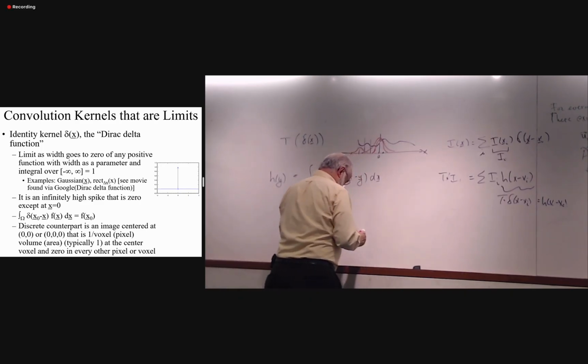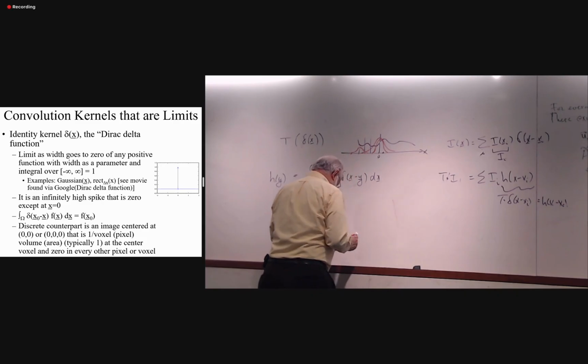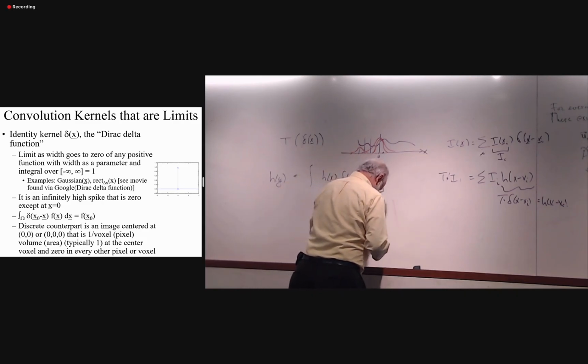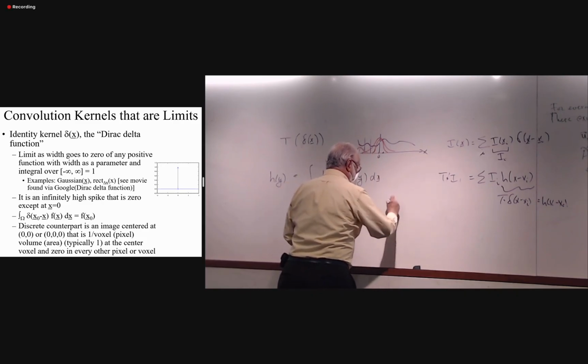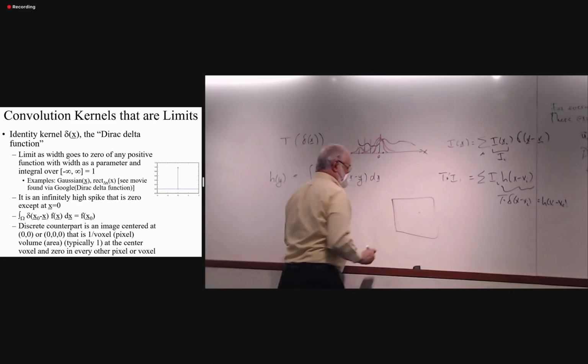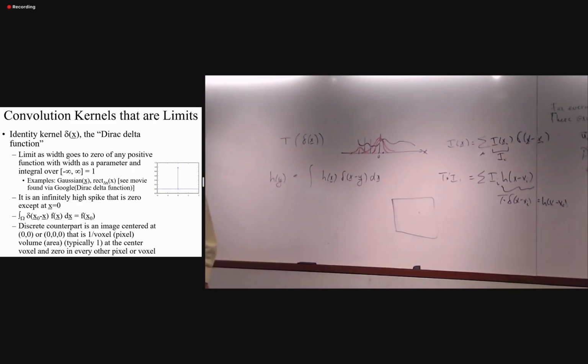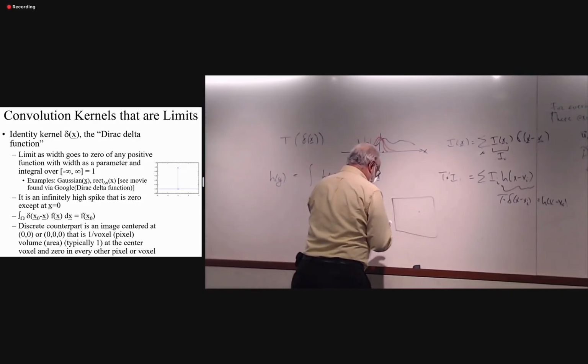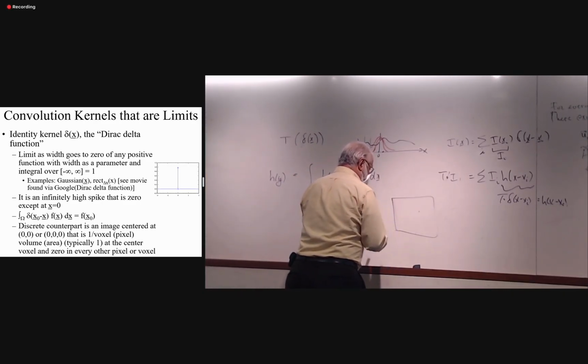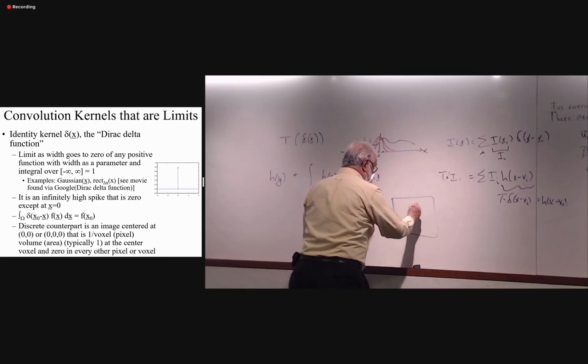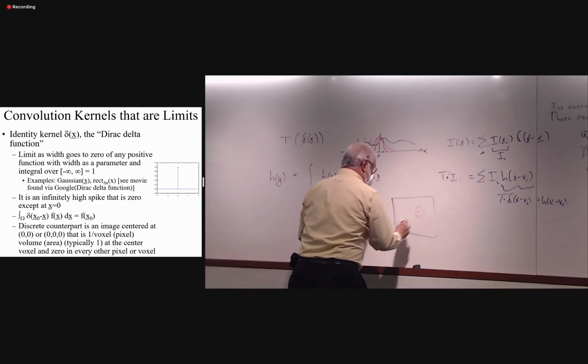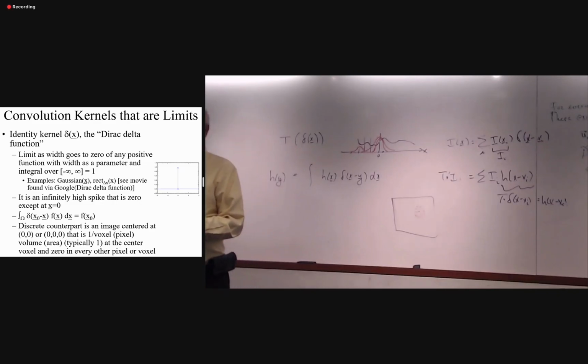Okay, we've got a 2D image. Let me get something darker here. A 2D image. And here's an impulse, 1 in that pixel and 0 everywhere else. And it's replaced by h centered at the same place. Okay, so there's some intensity values at various positions, little h.